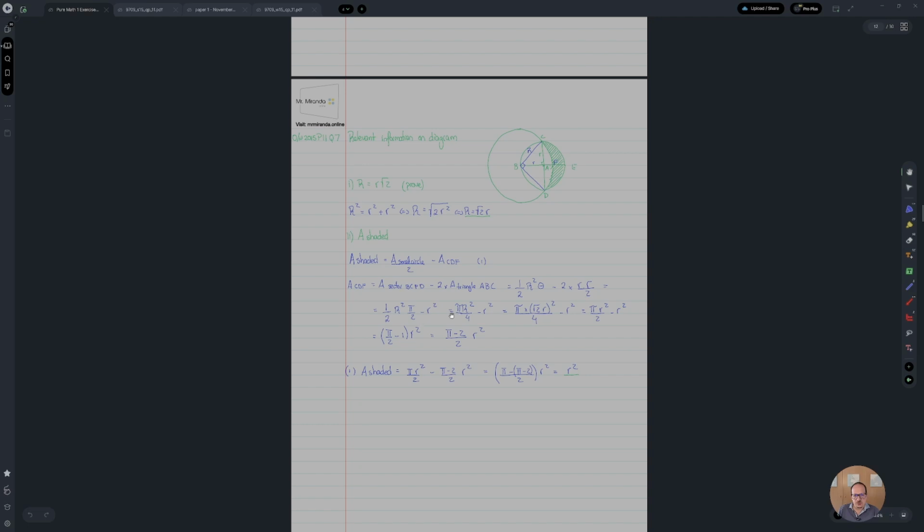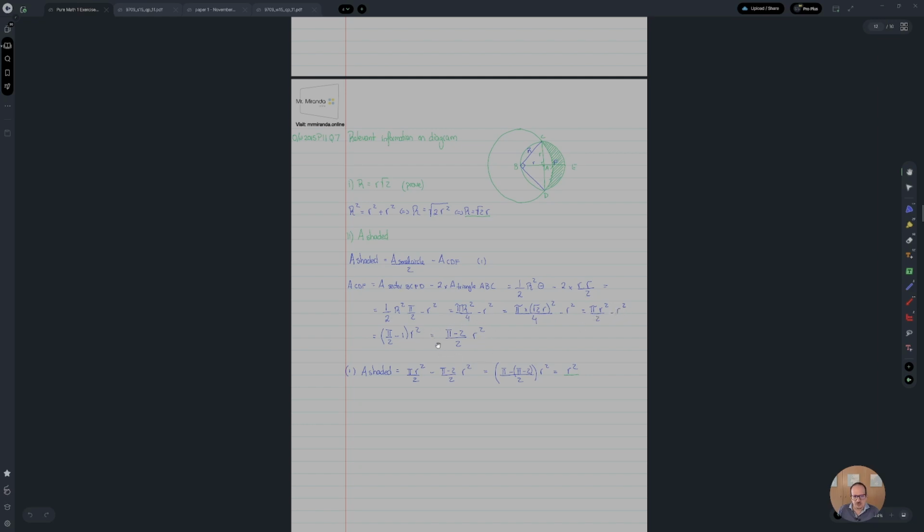This is just algebraic manipulation, right? I'm just substituting. Let me see if there is anything else that you need to know. Well, here on the big R, the uppercase R, I put the value that I got a little while ago, square root of 2 r. So I have now everything in terms of lowercase r and pi.